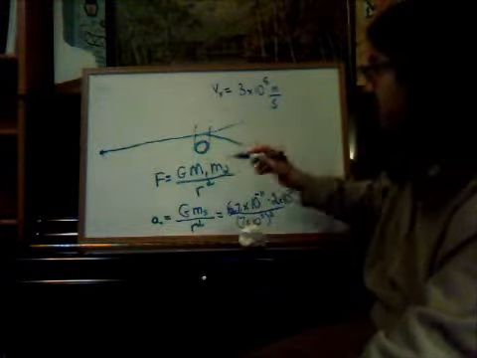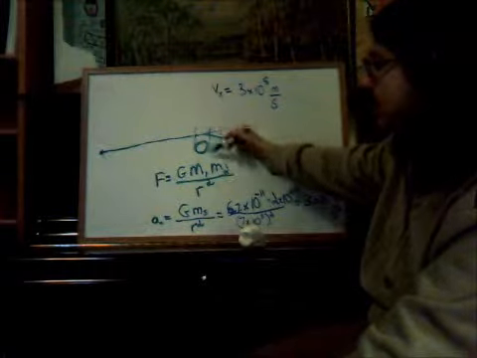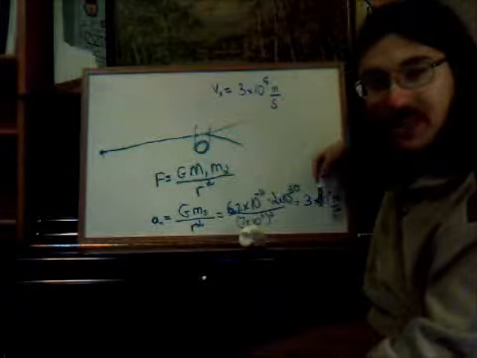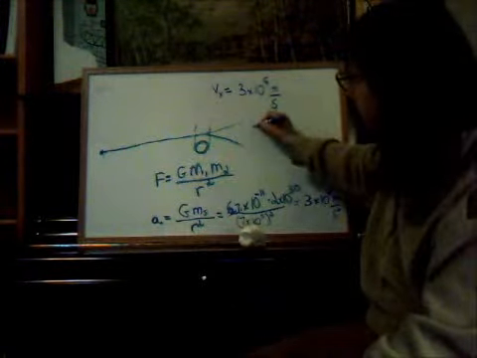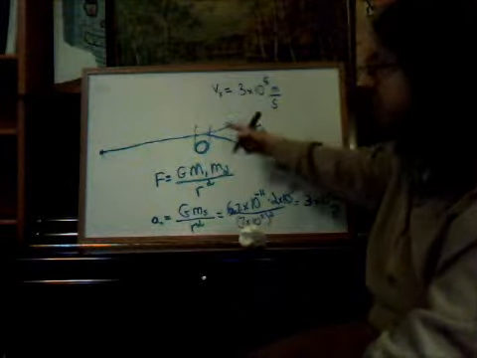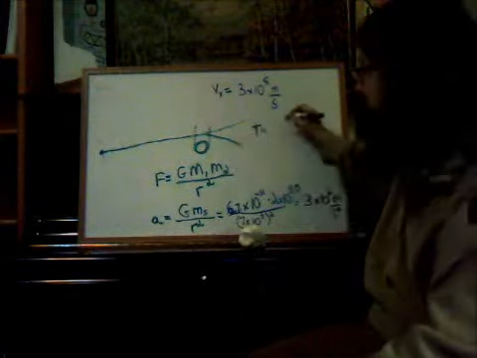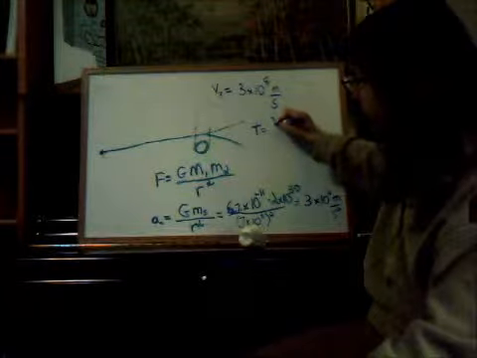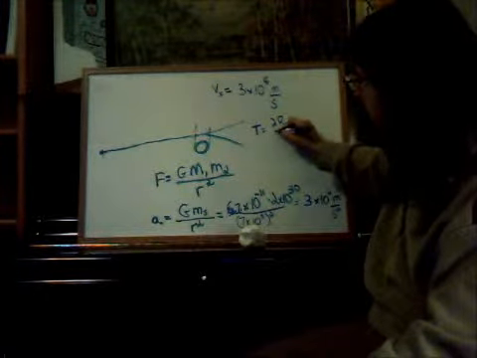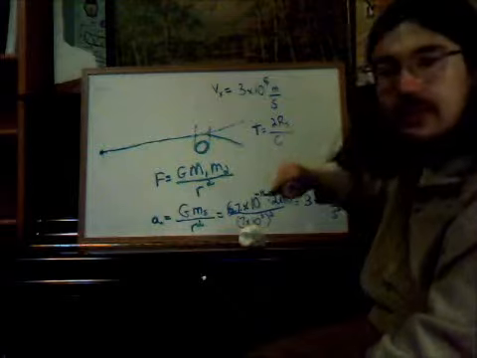So we want to figure out how much time this acceleration has to act. That time is just the diameter divided by the speed of light.